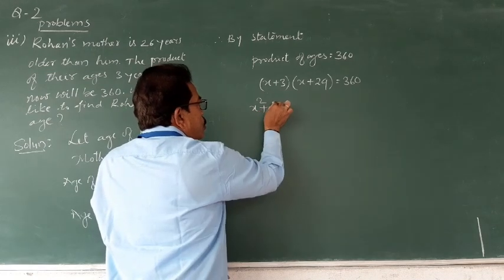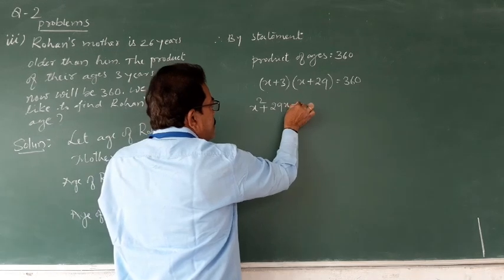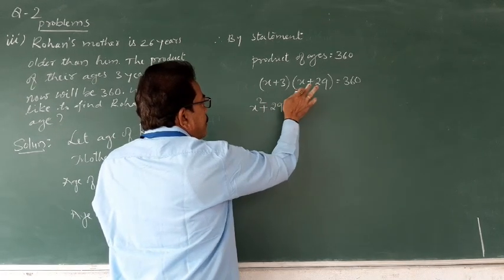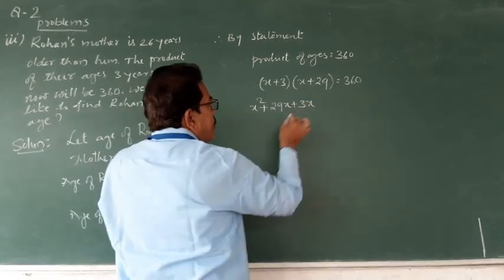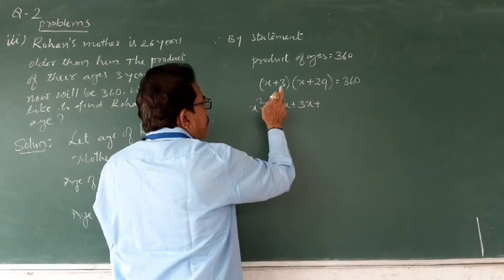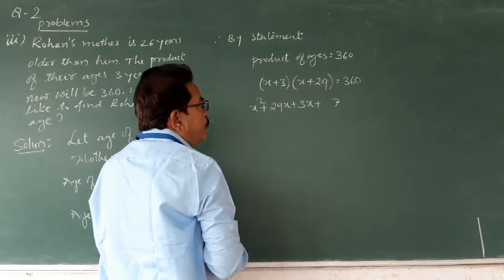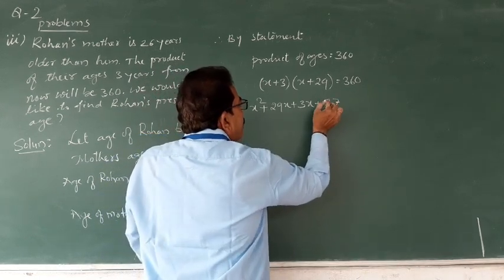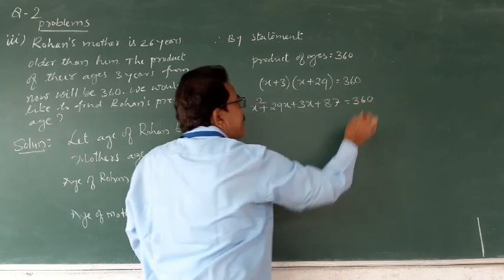plus 29x plus 3 into x, 3x, plus 3 nines are 27, carry 2, 3 twos are 6 plus 2, 8, 87 equals 360.